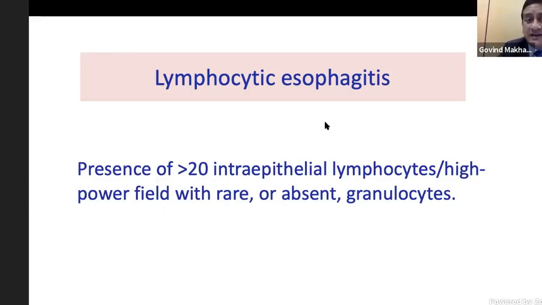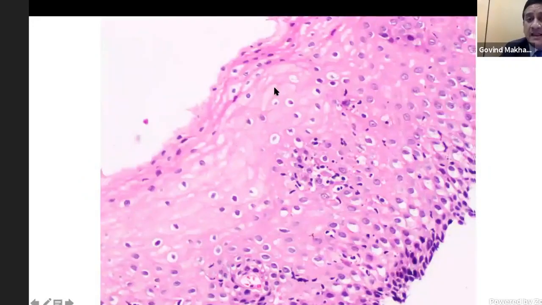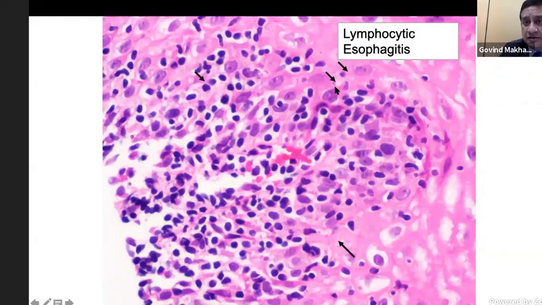But this disease is defined if you do an esophageal biopsy and you find more than 20 lymphocytes per high power field in the absence of granulocytes. This is important: you have only lymphocytic predominance, so it's called lymphocytic esophagitis. And you can find multiple eosinophils in the esophageal mucosa.